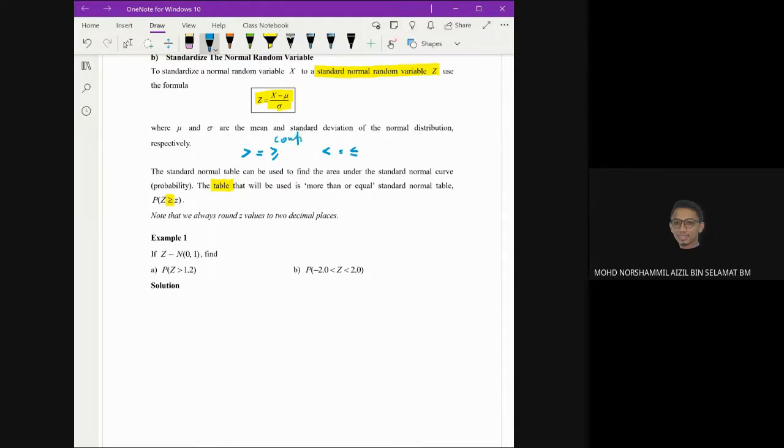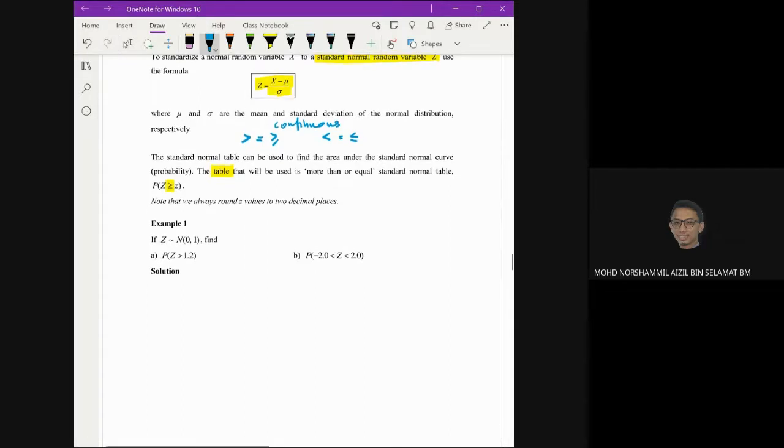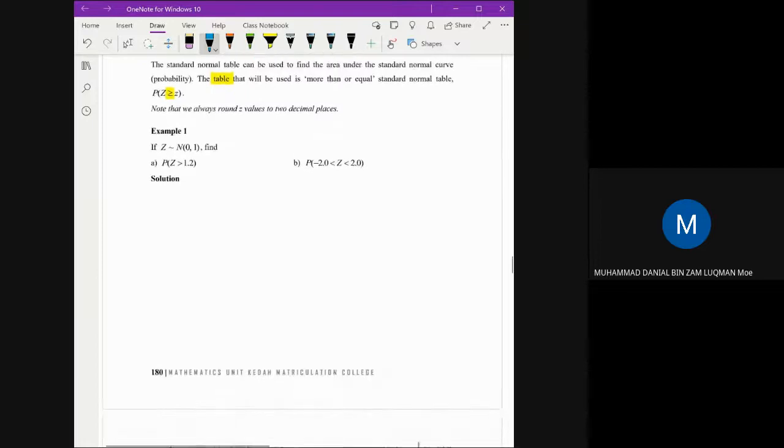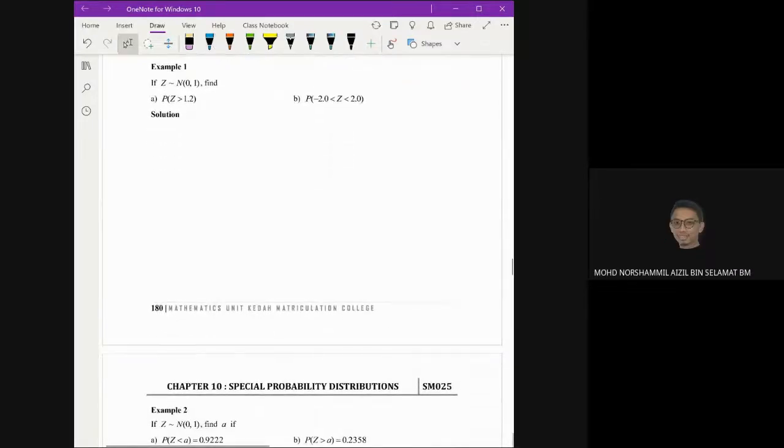This is for continuous. Ada tak ada equal parts ni, benda sama. Continuous, equal parts or not, similar. Kalau discrete cerita lain lah, Poisson dengan binomial sebelum ni cerita lain lah.